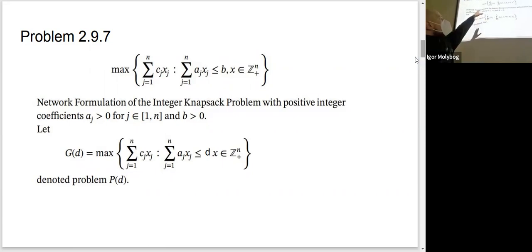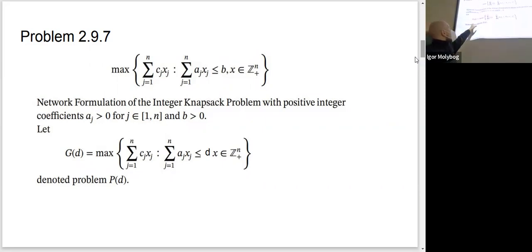So we are dealing with the problem in the form on the top. You have a maximization problem, a linear programming problem with a single constraint, and the variables belonging to the set of integer vectors. All of our coefficients, the a_j's, c_j's and b, are in fact positive, and they are all integer.